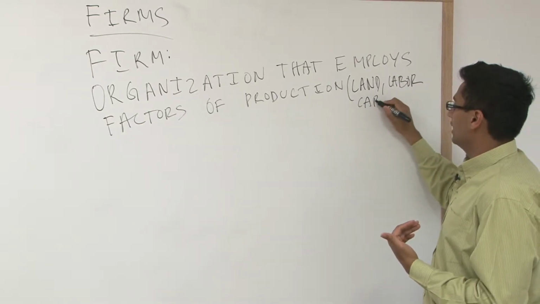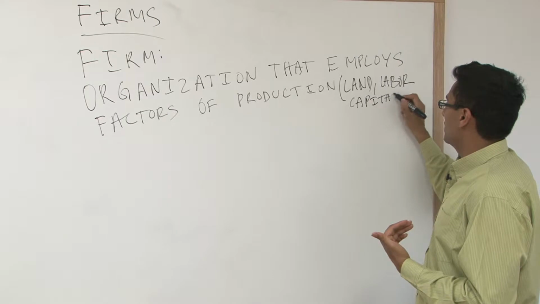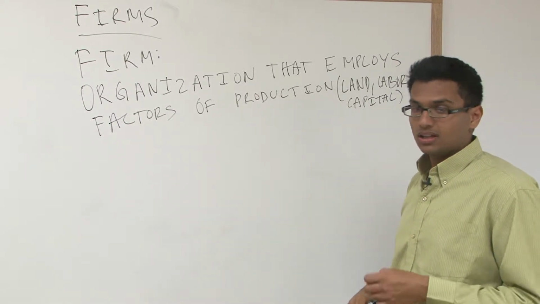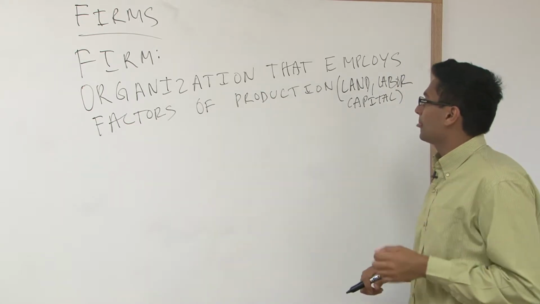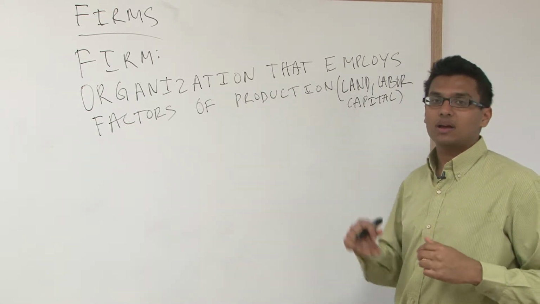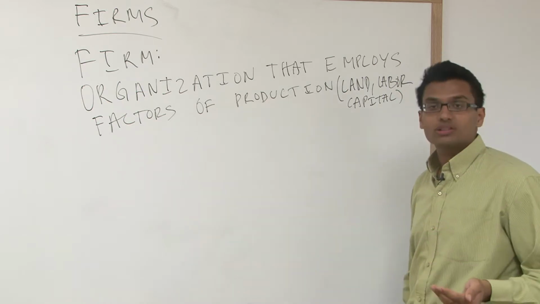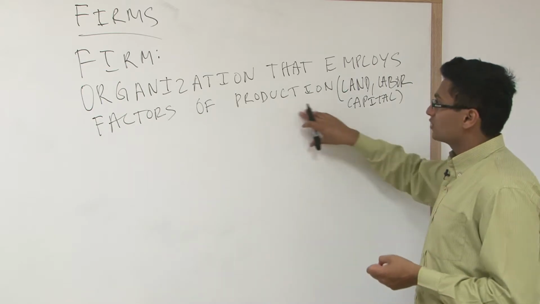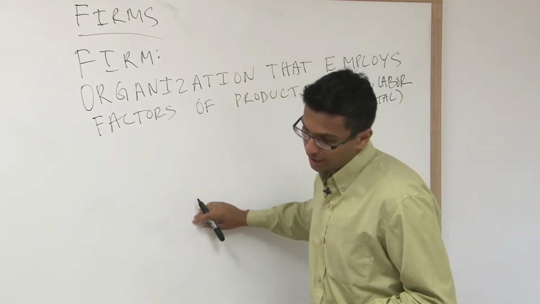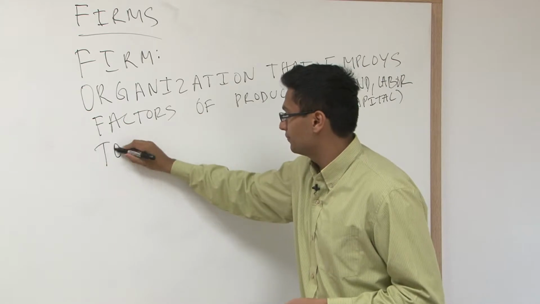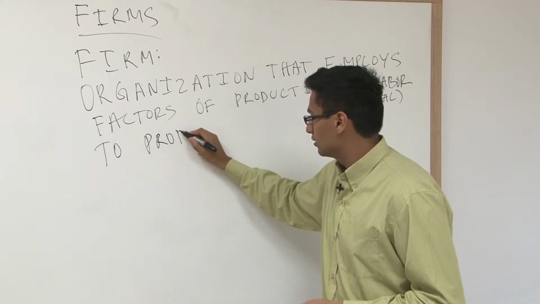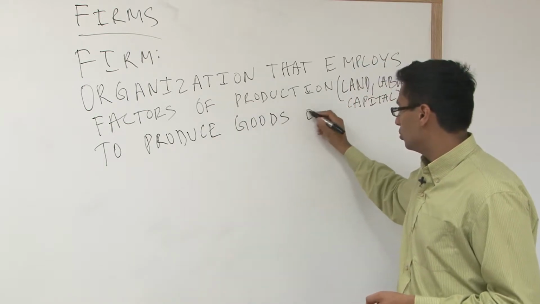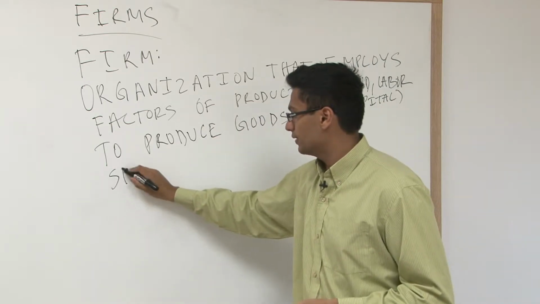And the fourth one, that people typically don't discuss as much, is entrepreneurial ability. We went over that a little bit, but typically speaking in economics, we talk about land, labor, and capital. Of course, entrepreneurial ability is also important, but not as much. So a firm employs factors of production to produce goods or services.